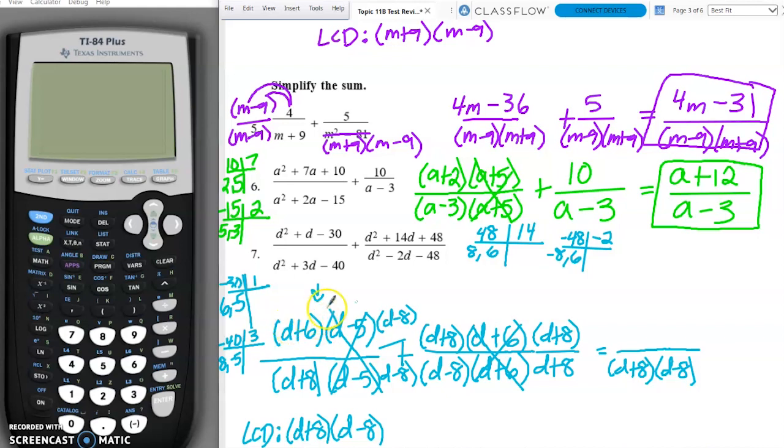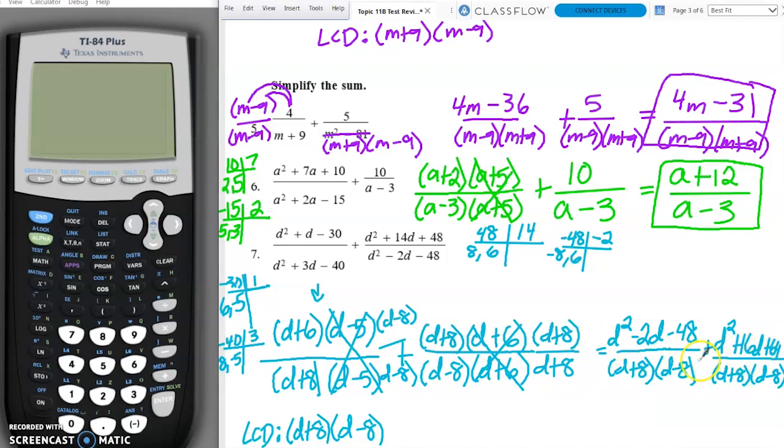So d plus 6, d minus 8, we would just FOIL those to combine them together. And we're going to get d squared minus 2d minus 48. And we're adding that to, again, d plus 8 times d plus 8, that's d squared plus 16d plus 64.